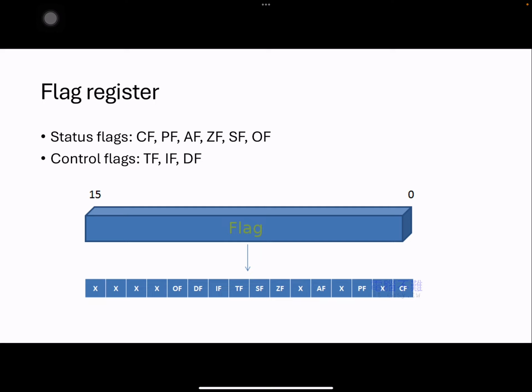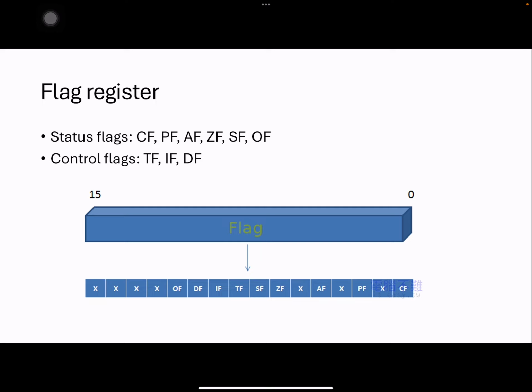And AF: after arithmetic, we look at the third bit. If it becomes a carry, we set AF to 1, otherwise 0. And ZF is the zero flag. After arithmetic, if the answer is 0, we set ZF to 1, otherwise 0.